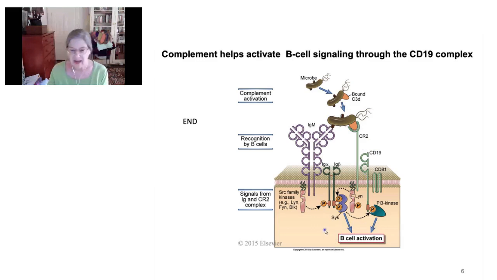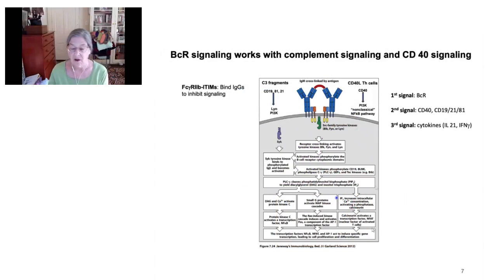Anyway, so that can stimulate or get going the signaling through the B cell, and of course other IgM molecules and other complement receptor complexes can be recruited into this to form a kind of big synapse almost between multiple antigens and the B cell receptor complex.